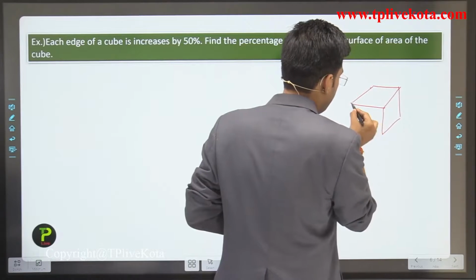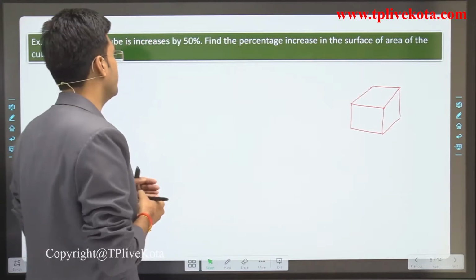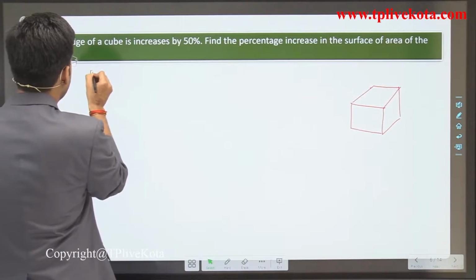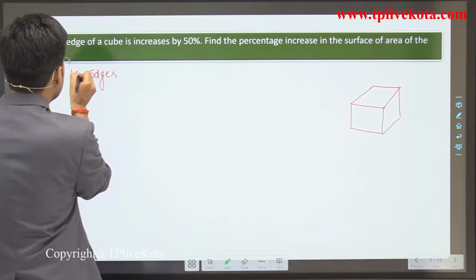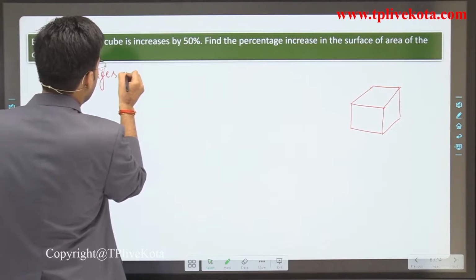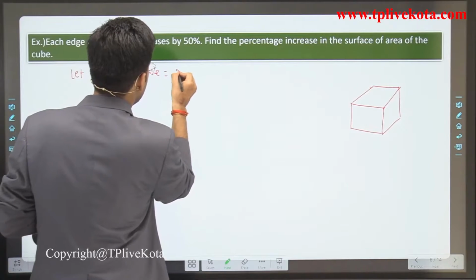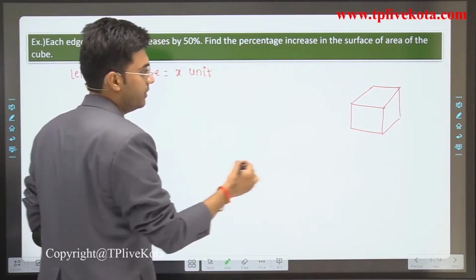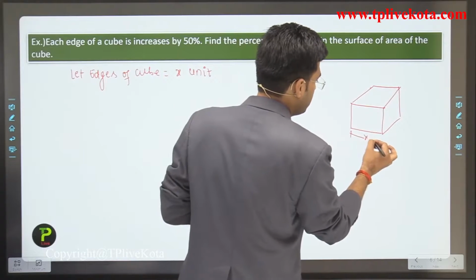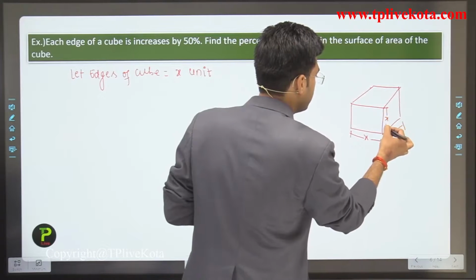This is the cube which we have, and the sides of the cube, or we can say the edges, let edges of cube be equal to x unit. Okay, this is x, this is also x, and this is also x.